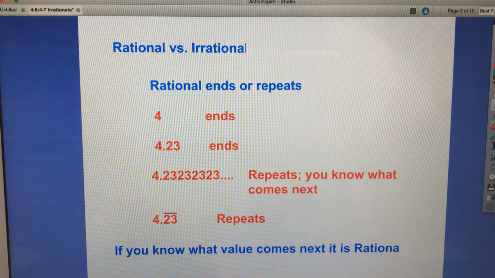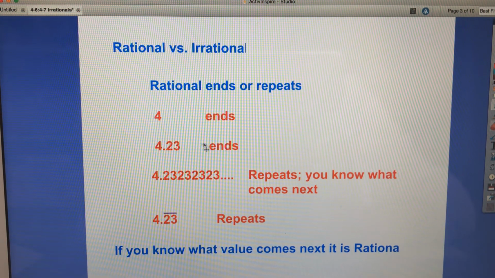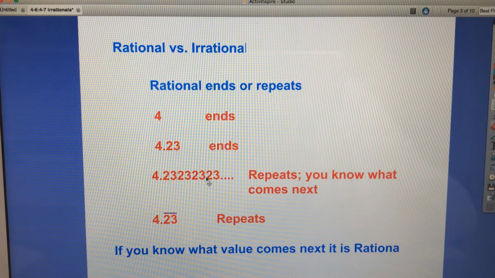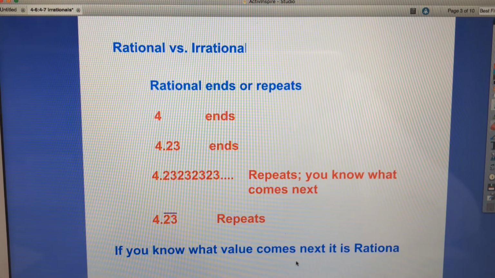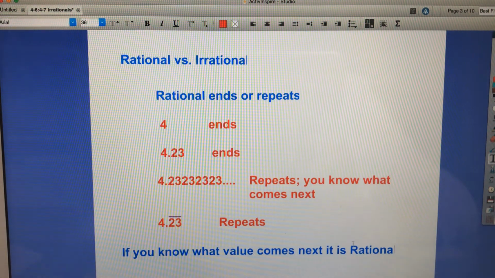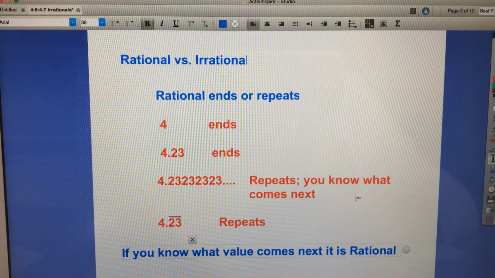Rational versus irrational numbers. Rational numbers, they end or they repeat, but you know what comes next. If you know what the next value is, then you know that it is rational. I know that this is 2, 3 repeating, which means my next digit is a 2 and a 3, a 2 and a 3. If I know what comes next, or it ends, that's rational.